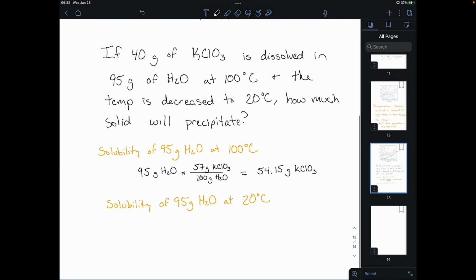So that's my solubility at 100 degrees Celsius. And now I've got to play the same game. And I get 6.65 grams.